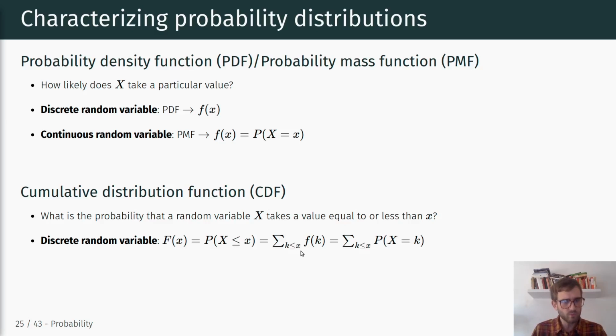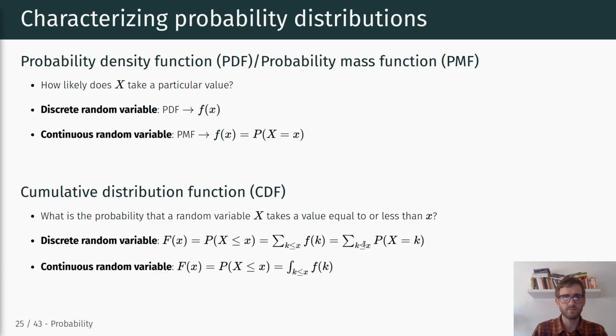Putting this into words, you could think of this as the probability of rolling at least a 5, rather than just rolling a 5 on a die. And of course that's the sum of the probabilities of rolling a 1, a 2, a 3, a 4, and a 5, right? So that's what is described in the cumulative distribution function for basically any value of x between, for a die, 1 and 6.